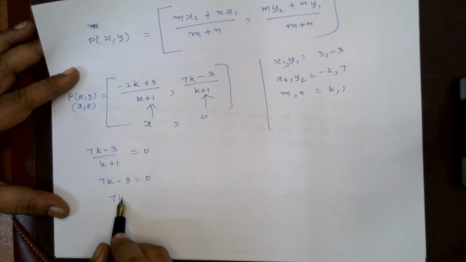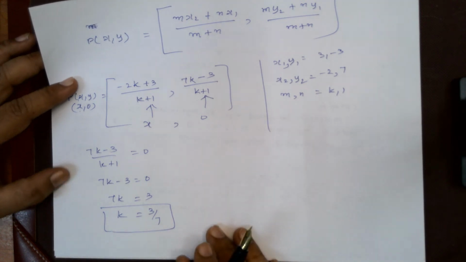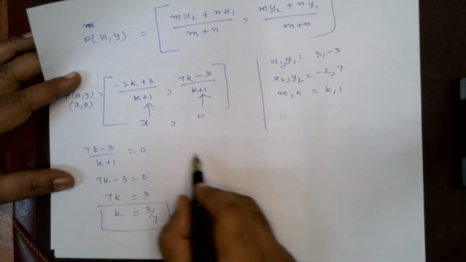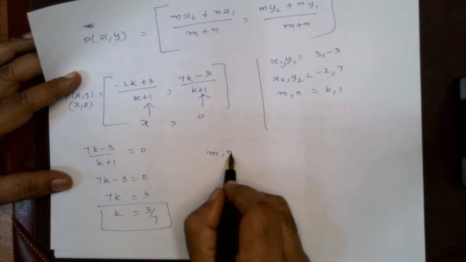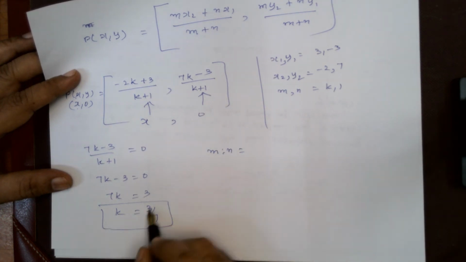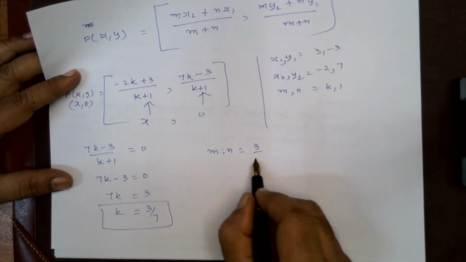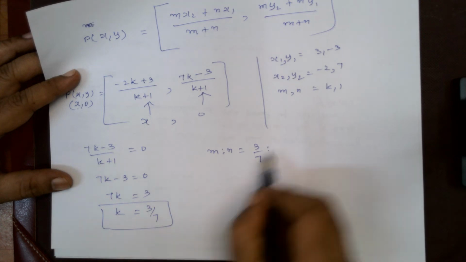So 7k is equal to how much? Plus 3. Therefore k should be 3 by 7. Do you understand? So in that case, m is to n is equal to, what is that? What we have found out? m is here k. So 3 by 7 is to 1.